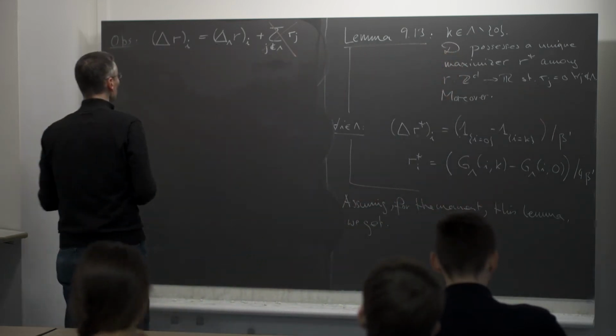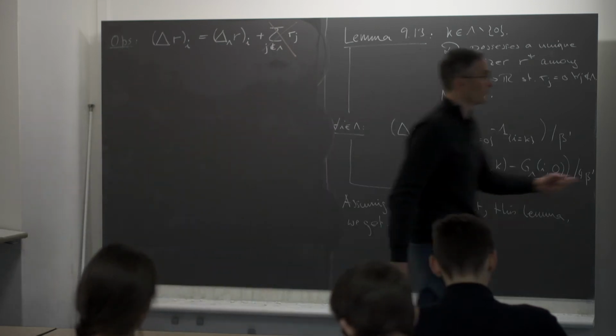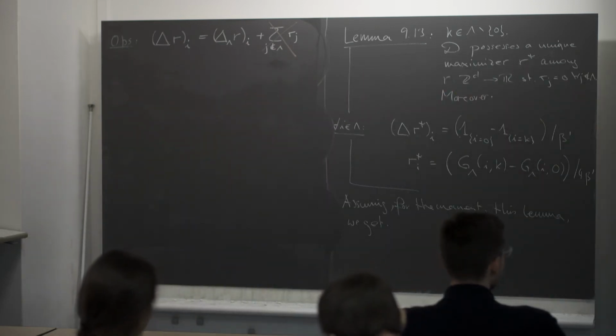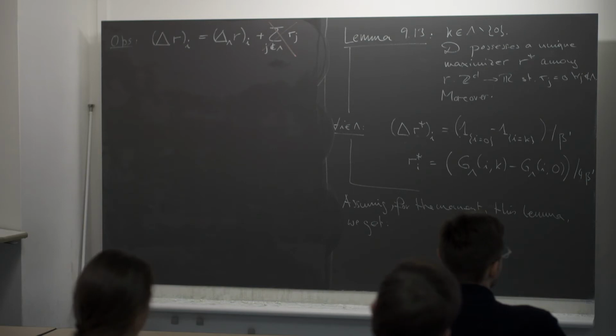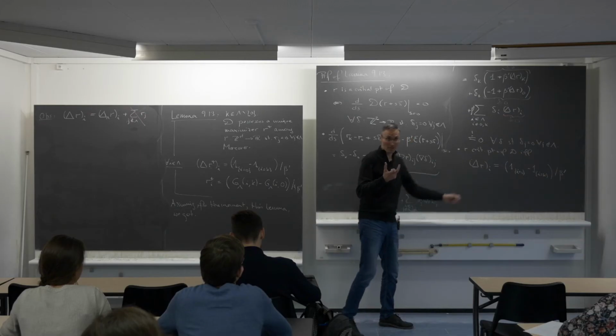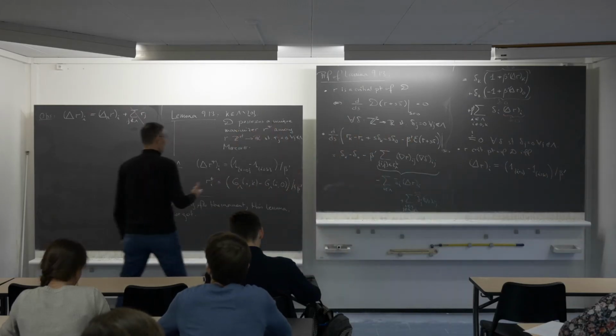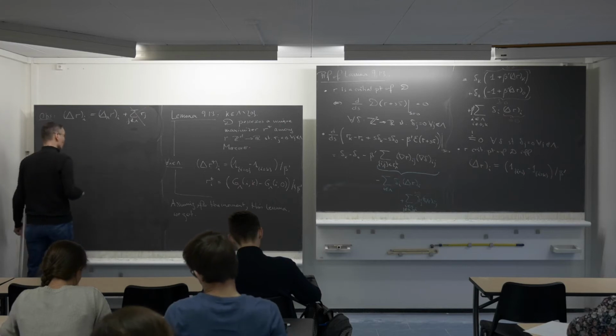Okay. But now that's good because it means that in this equation, this Laplacian, I can replace it by the Laplacian inside lambda. And why is it good? It's good because we already know the inverse of the Laplacian inside lambda, its inverse is the Green function of the random walk.